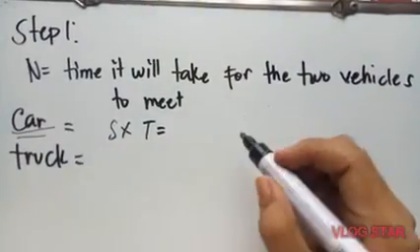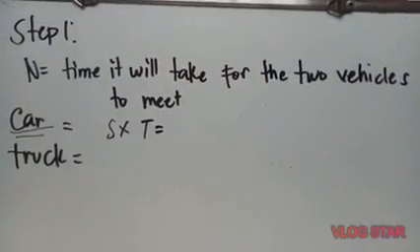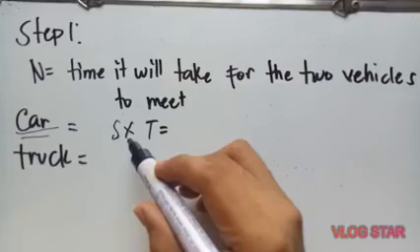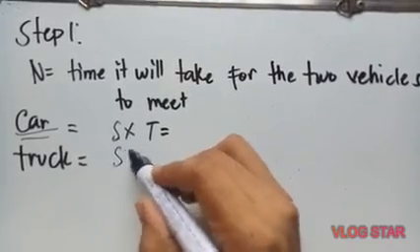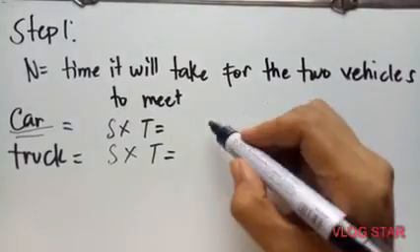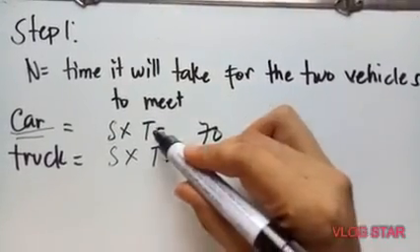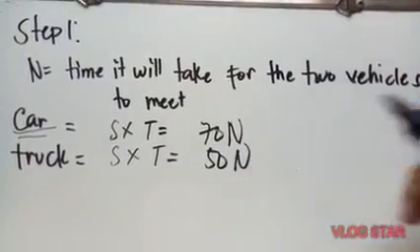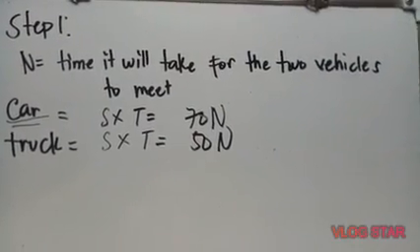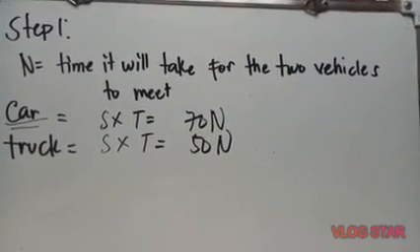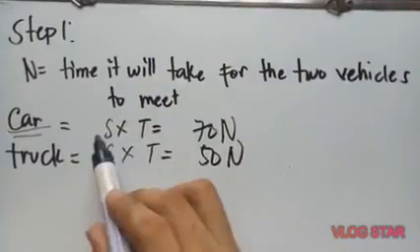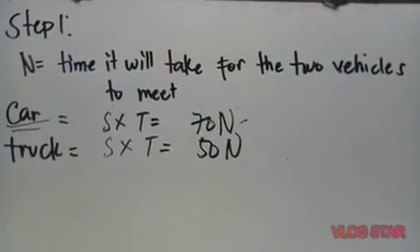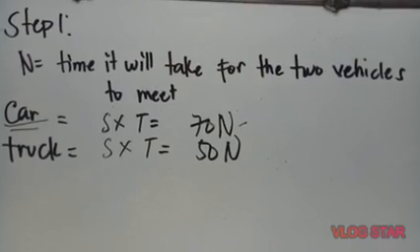The speed of the car is 70 km per hour, while for the truck it is 50 km per hour. So speed times time, 70 times n, and 50n. That is the distance traveled by the car after n hours. So speed times time is 70n, then for the truck it is 50n. That is the first step.